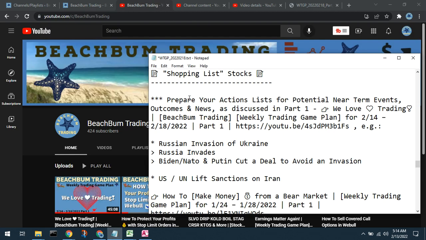Okay, in terms of shopping list stocks, and again, for anyone that's new to our BeachBum trading community, the concept of a shopping list is stocks that you always wanted to buy. If they became cheap enough, became a good value, the market declines, you should always have your list of stocks that you want to buy on a market decline, and then you can jump on those when they become good opportunities.